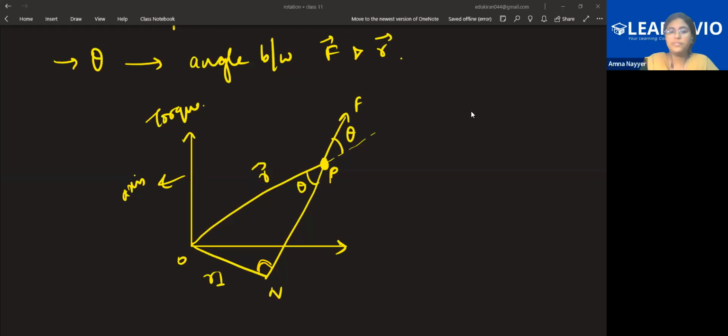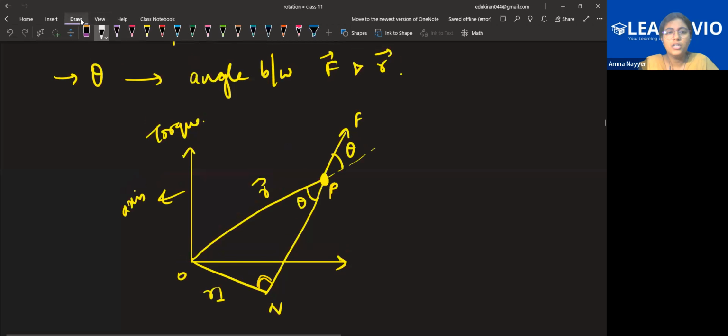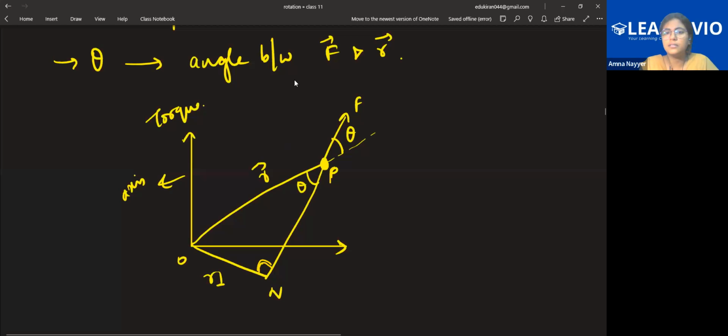See, first look at this. You have two cases here. One case is that there is a road, and on this road, let's say a vehicle is moving.